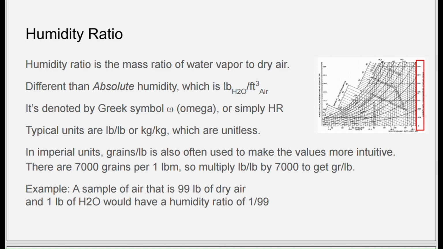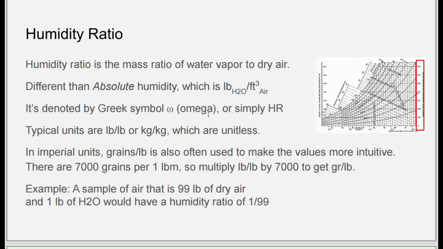Absolute humidity is the ratio of water vapor to volume of air. I see this used interchangeably all the time. If you do, it's not the end of the world, but I would just use humidity ratio to be safe if you're talking about pounds of vapor divided by pounds of dry air.